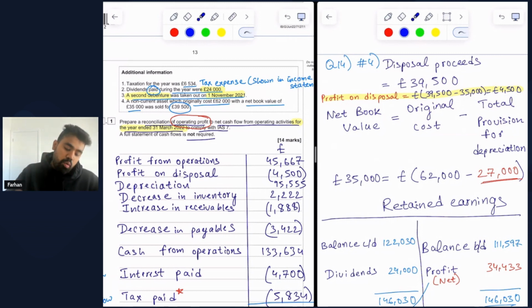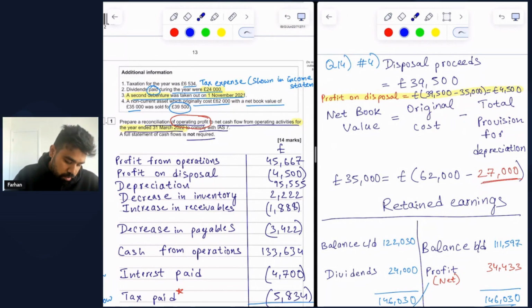So the key takeaways from point number 4 is that we have calculated the total provision for depreciation or the total accumulated depreciation, which is £27,000, and the profit on disposal, which is £4,500. And we will be using both of this information when we prepare the final reconciliation.